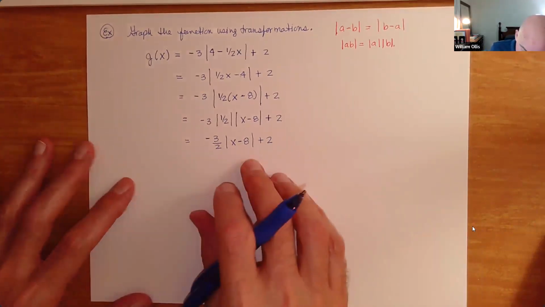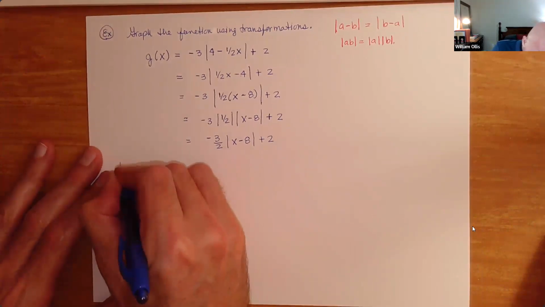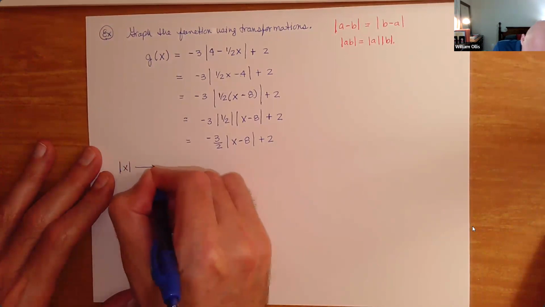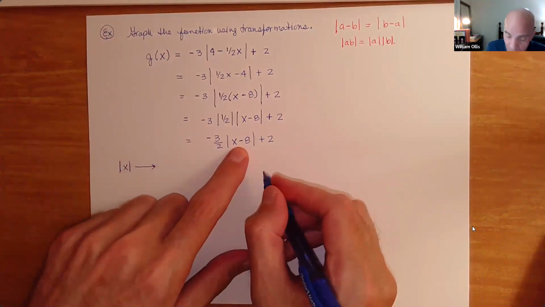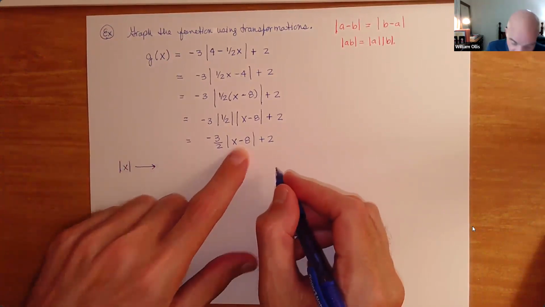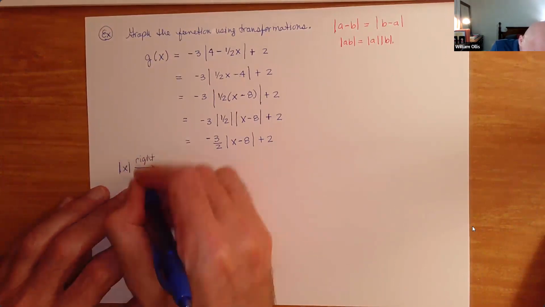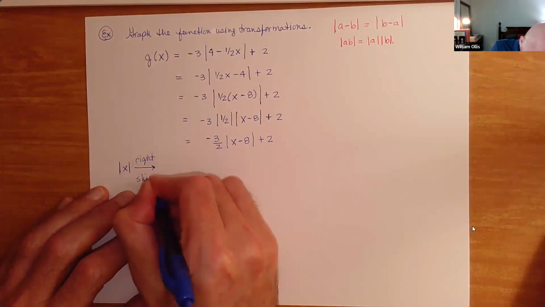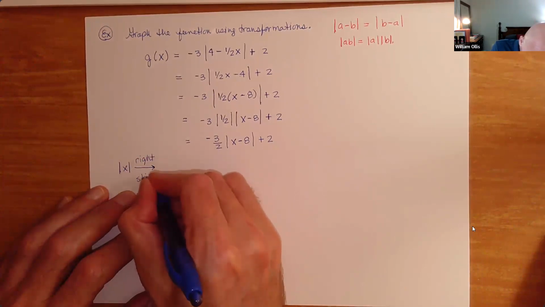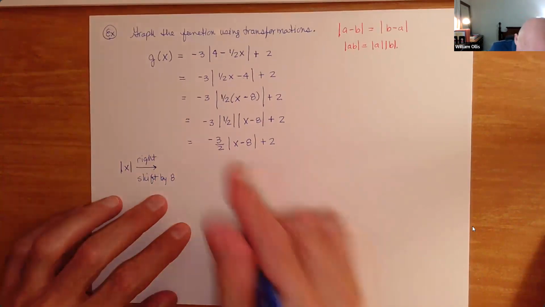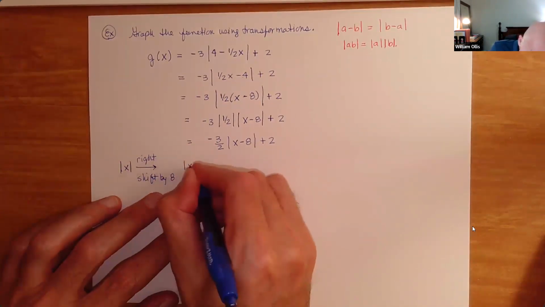So now let's see what we get. So we'll start with the absolute value. And if you like, we'll just do the right shift by 8. Right shift by 8. So that gives us x minus 8.